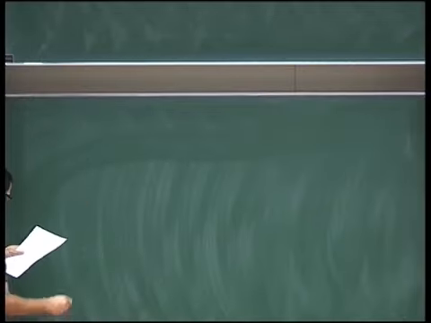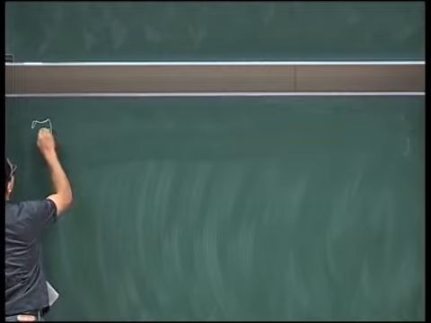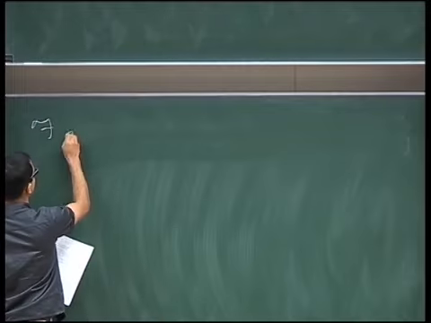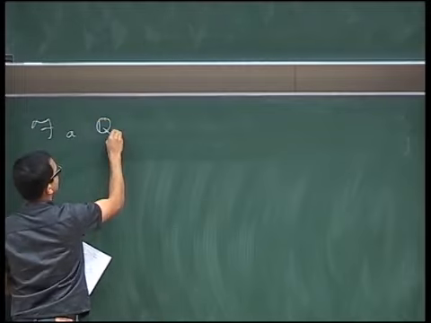Okay. So now, if script F is a QL bar sheaf on X, I want this sheaf to also be defined over F_q.